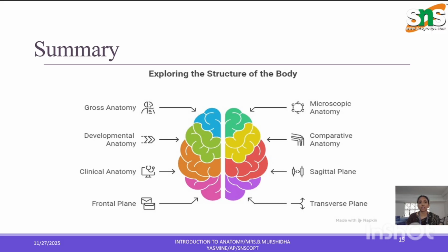So these planes are the basis for identifying the structures present in our human body. So this is to summarize today's topic. Hope you all have understood the basics of anatomy, which includes the subdivisions of anatomy, the planes of the human body, the anatomical terms, and the anatomical positions of the human body.